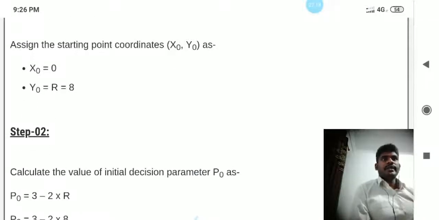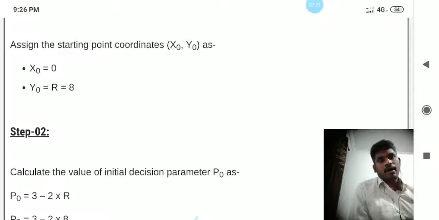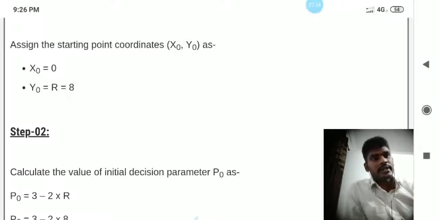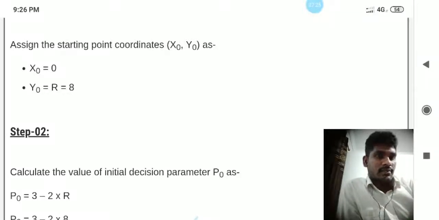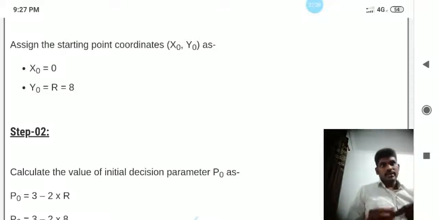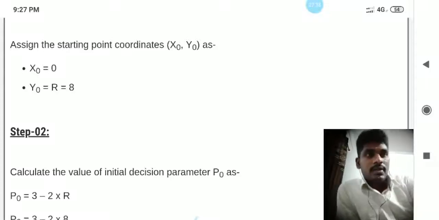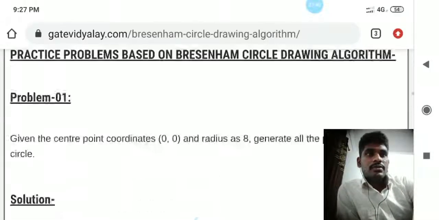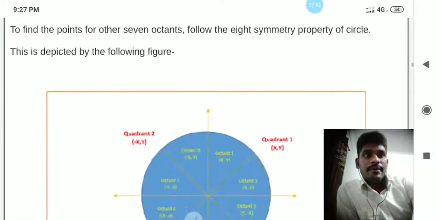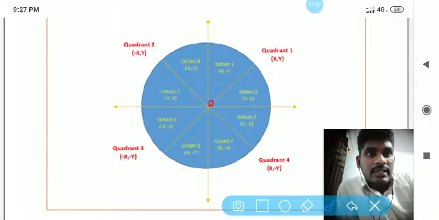Assign the starting point coordinates: x naught equals 0, y naught equals r. When you take the circle, the center is the x point, the middle point, and on the y axis it is r, the radius. We are taking the radius value as r because it is the vertical line. Now look here, this is the x value.